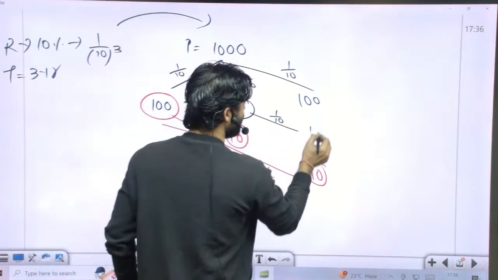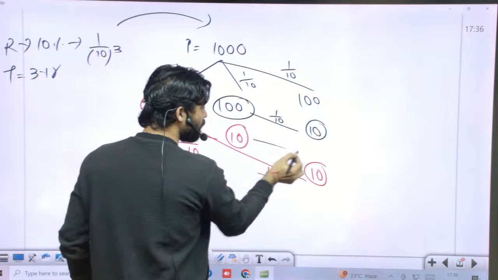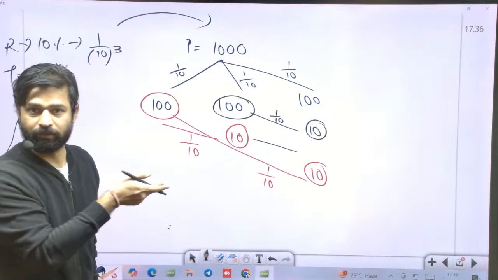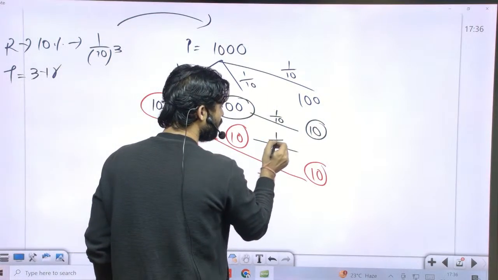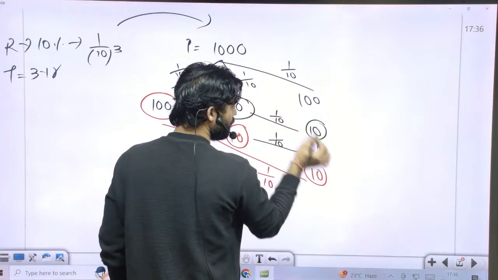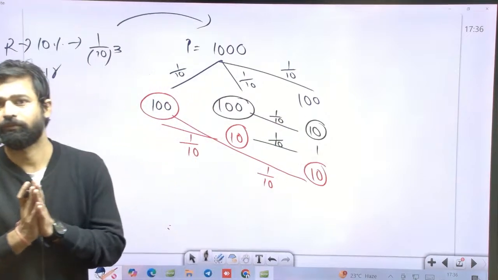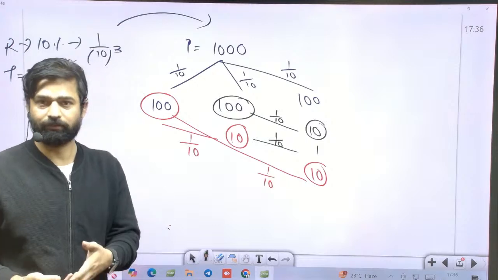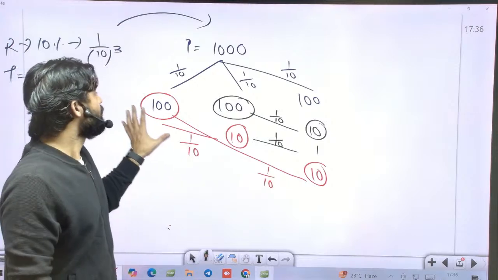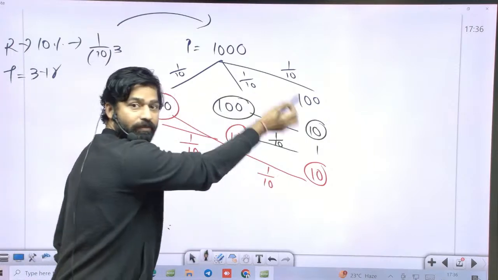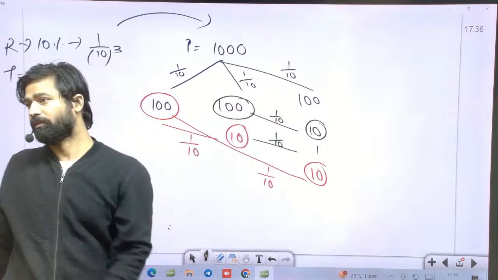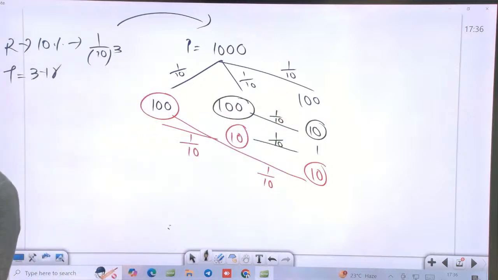So it is 10. And this 10 rupee will also give us 1 by 10. So this is 1. Now it's done. If there is a fourth year, all this money will give us the interest at the end of the fourth year. Got it? Any problem in this?